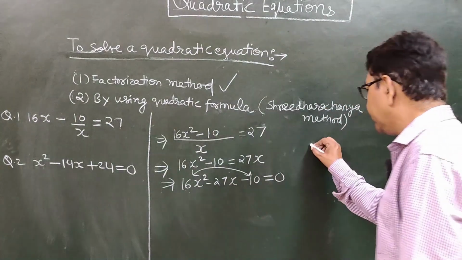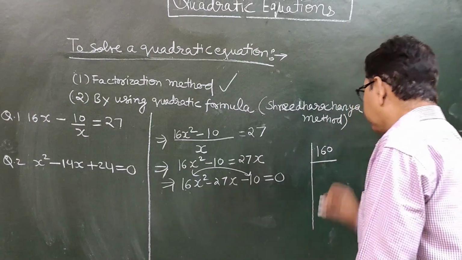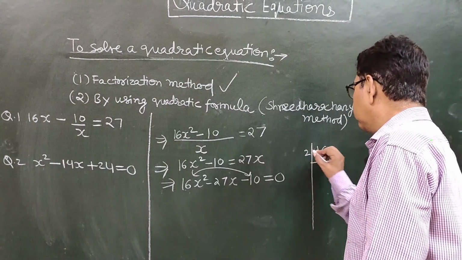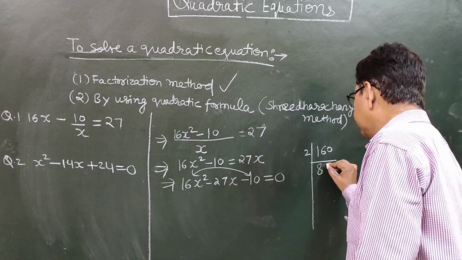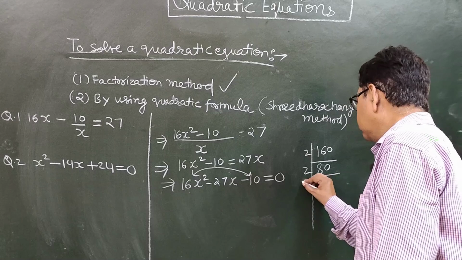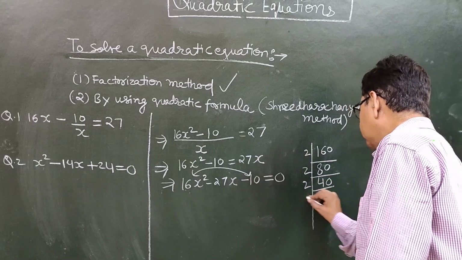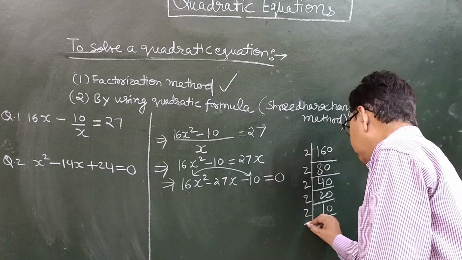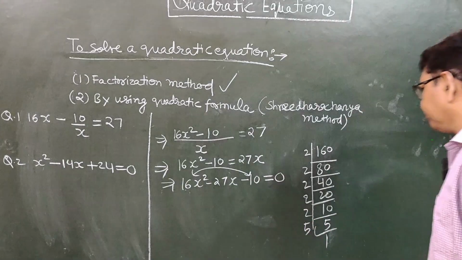So let us factorize to search for those numbers. 160 is 2 times 80, then again 2 times 40, 2 times 20, 2 times 10, and then 2 times 5 times 1.